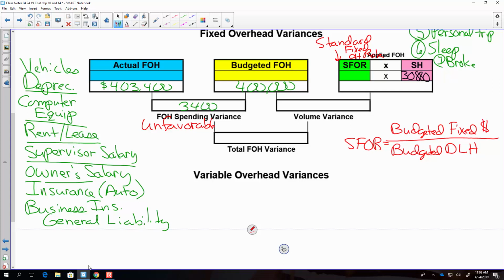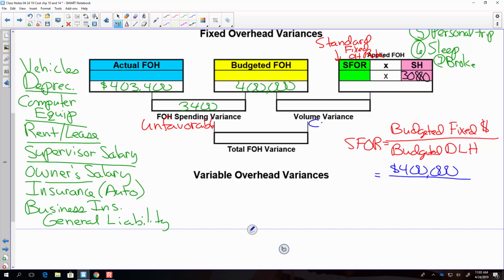So the book already gave us the top number. That's the 400,000. What's the bottom number? They don't call it budgeted labor hours, they call it what? Is this the 32,000? Yeah, the practical capacity.